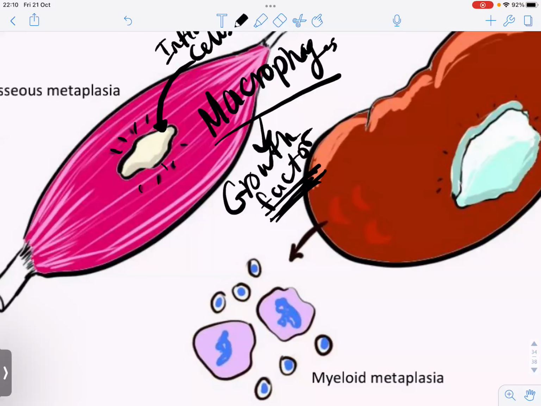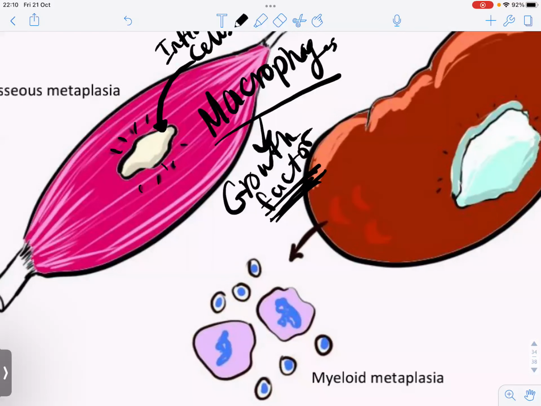So it happened first because of inflammation of the muscle. Then the immune cells will come to engulf and kill the inflammatory site. Unfortunately, the macrophage will produce growth factor, and growth factor leads to bone formation.